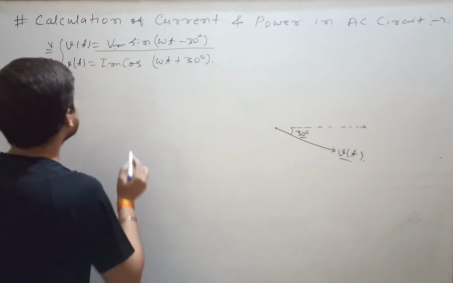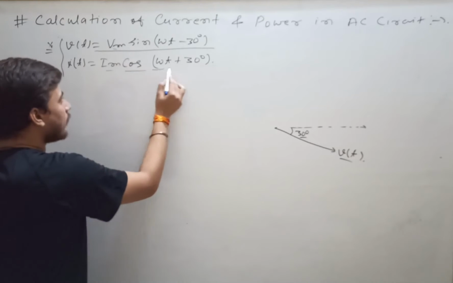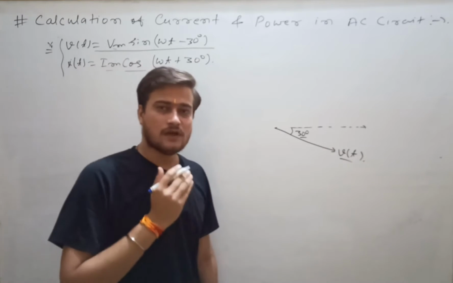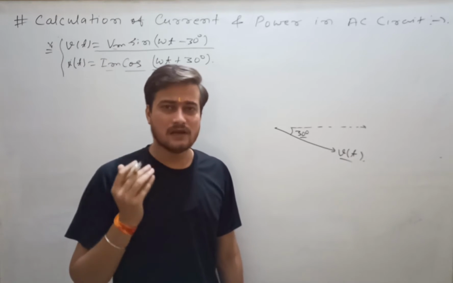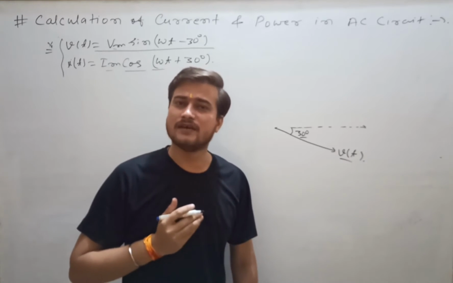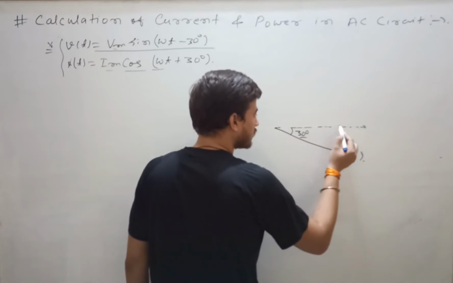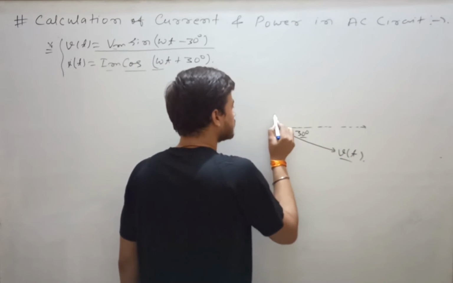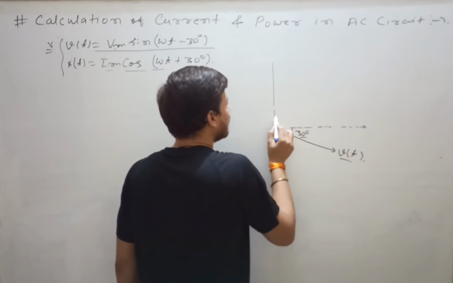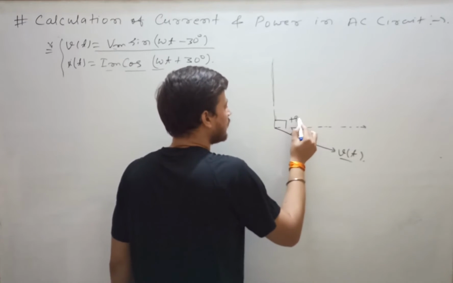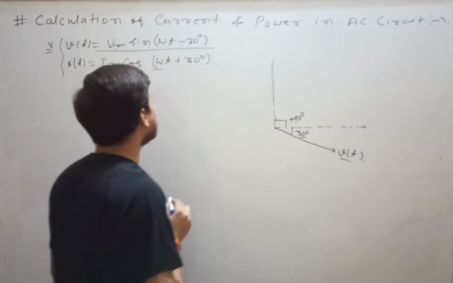Now they are giving you Im cos omega t plus 30 degree. So what is the meaning of cos? Cos function always leads sine function by 90 degree. That means if the sine function starts from this horizontal axis, then the cos function will lie on this vertical axis, that is the plus 90 degree lead.